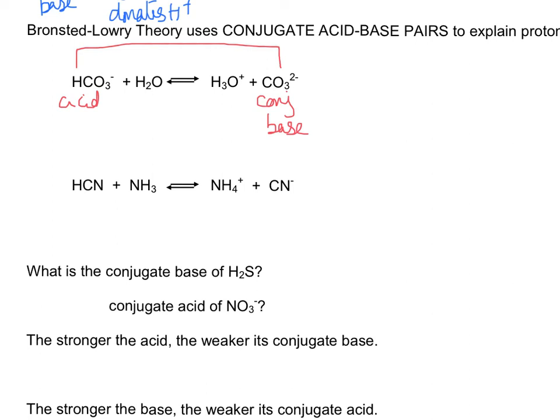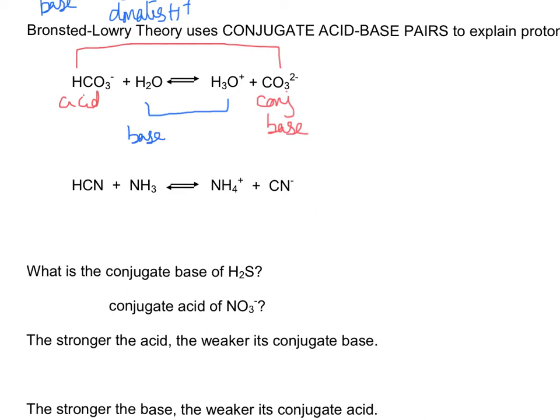Now let's look at water here. Water went from H2O to H3O plus. So did it accept or donate a proton? It looks like it accepted a proton to go from H2O to H3O plus. It gained or accepted a proton. And so that means that this, because it accepted a proton, this is my base.